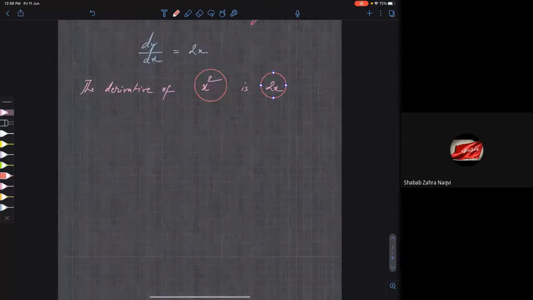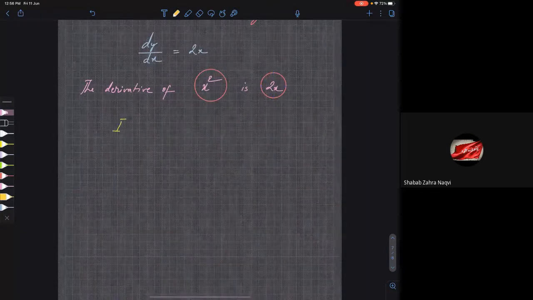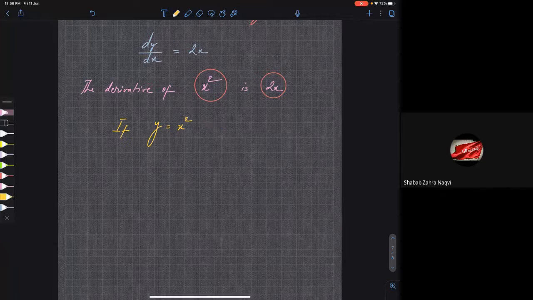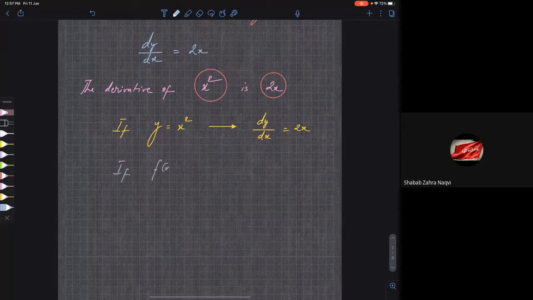In other words, if y is equal to x square, then tell me, dy by dx is equal to 2x. Or I can write it in a different way also. If f of x equals x square, then f dash of x is equal to 2x. Clear?